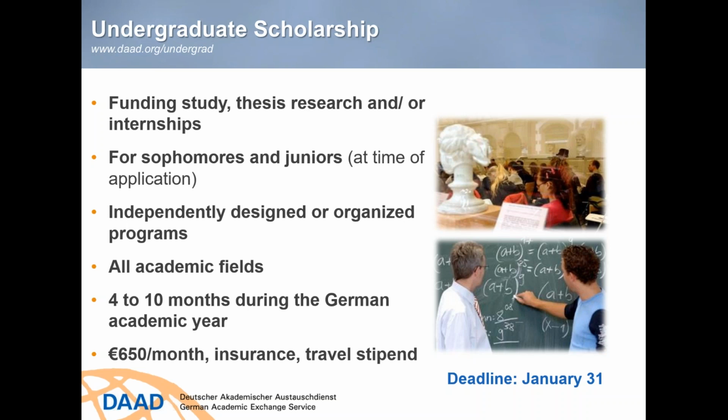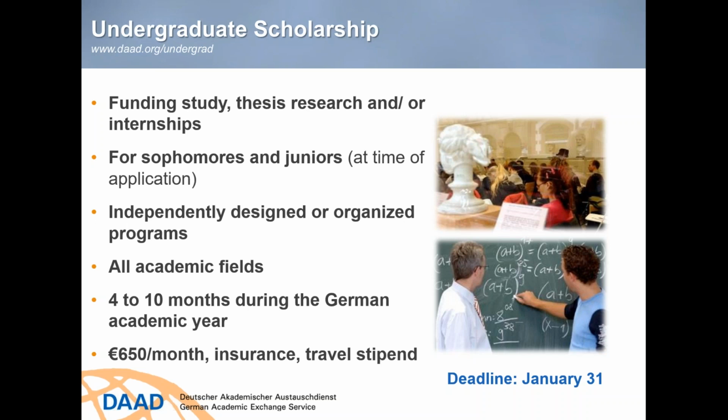Recipients will be awarded a monthly stipend of 650 euros per month, and DAAD will also cover health insurance and provide a travel subsidy. The deadline for the undergraduate scholarship is January 31st.